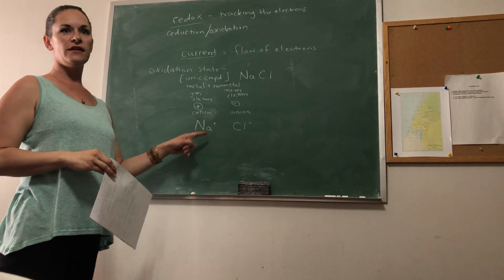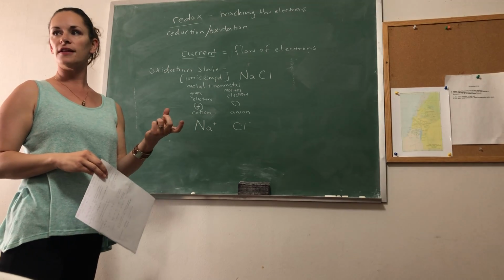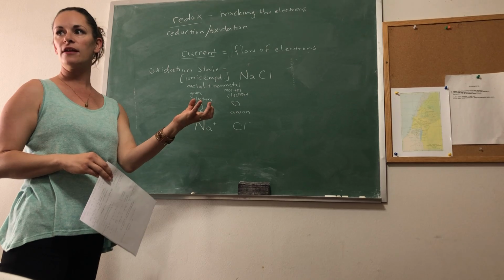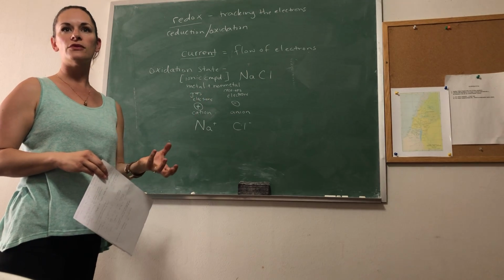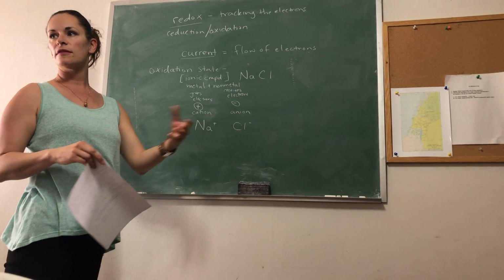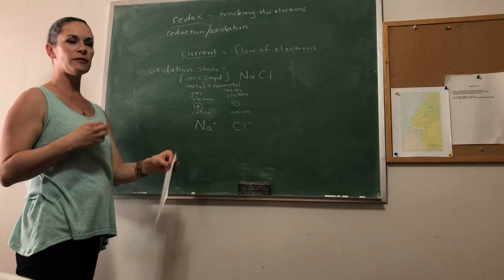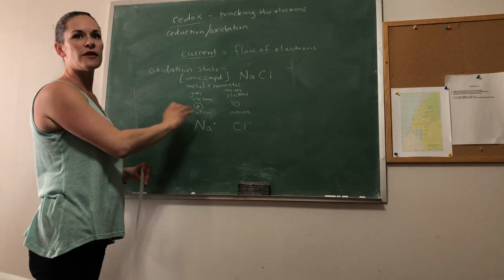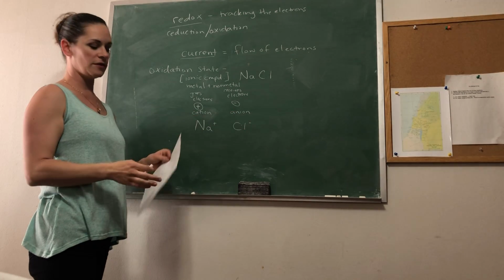What holds the sodium and chloride together when it's a solid is the attraction between the positive and the negative. When it gets into solution, what happens? In a polar solvent, it gets split apart, okay? So what's important with an ionic compound is to remember that there's a complete transfer of the electron.